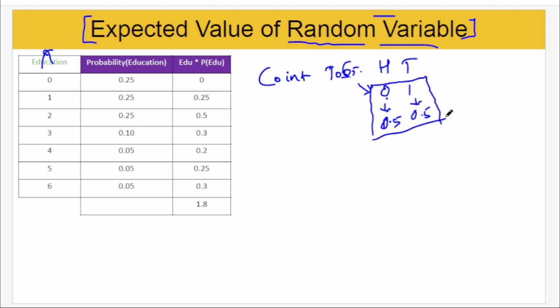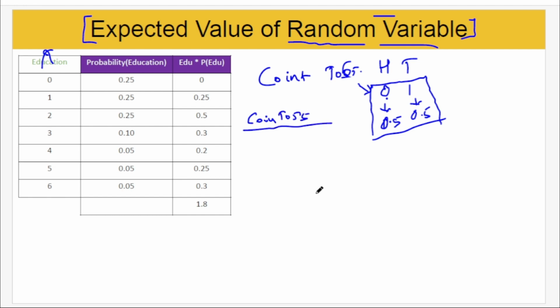What I'm saying is theoretical, before you go into the experiment. Now I really took a coin, tossed it 1,000 times, and I am recording each time. So I will take here a random variable called coin toss.